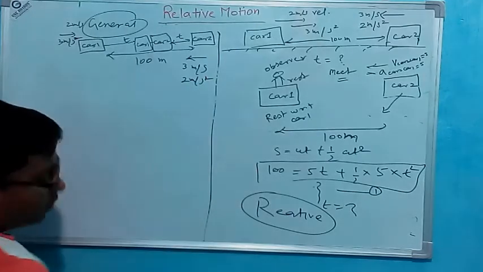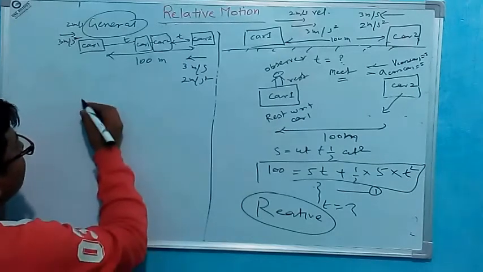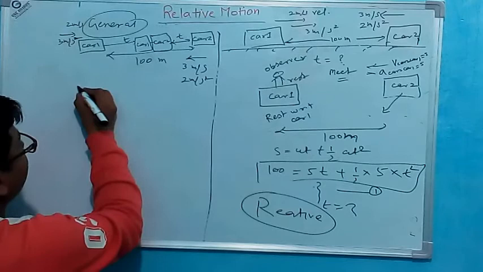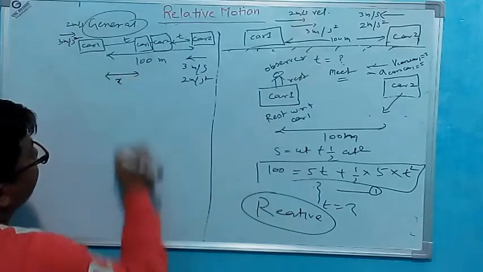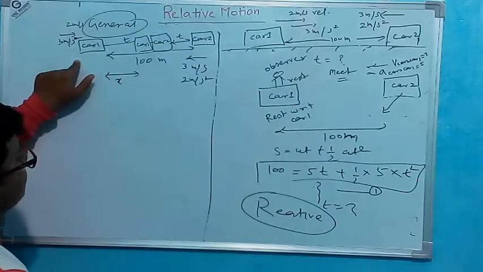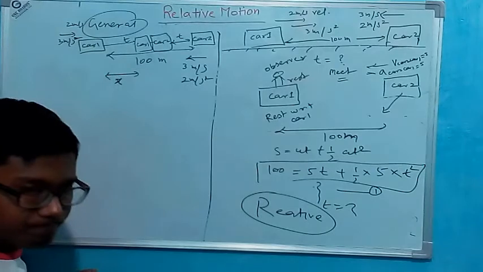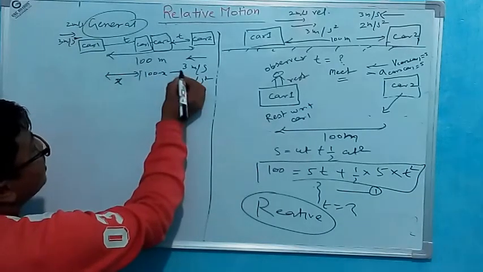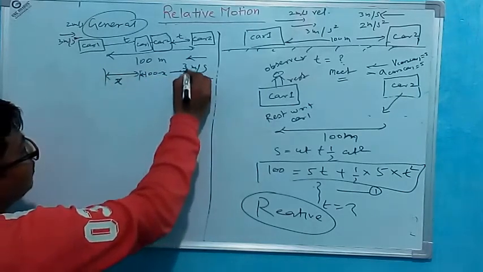So the first equation for car 1: we can say that x is the distance traveled by car 1 in time t, and the remaining distance 100 minus x is traveled by car 2.